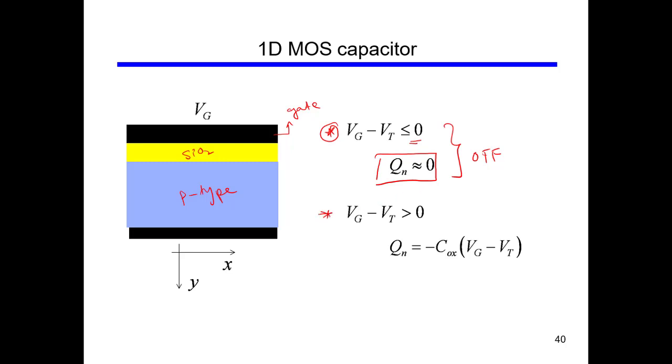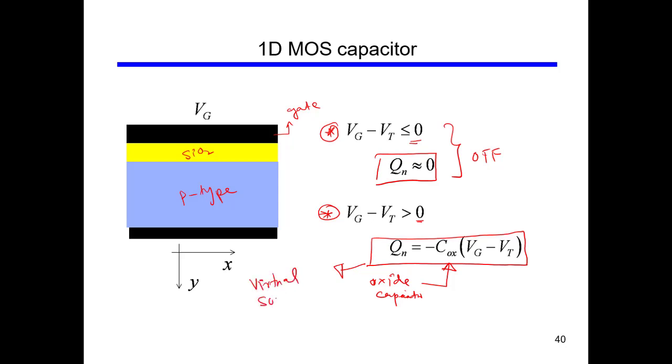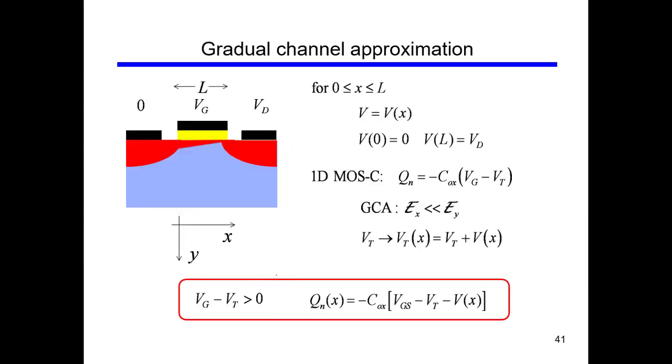But when the difference between potentials at the gate and threshold is greater than 0, then we have this formula, okay, that charge in the channel is Cox, which is the oxide capacitor, times Vg minus Vs. We know this formula from the previous slide, and we said that the value at our reference point, virtual source, remember virtual source, it was equal to this.